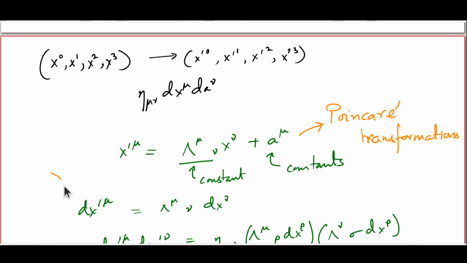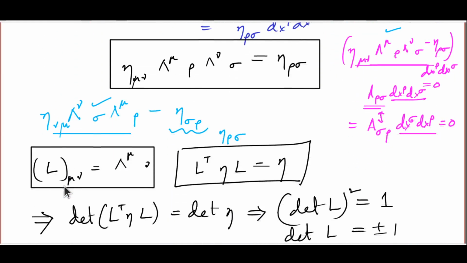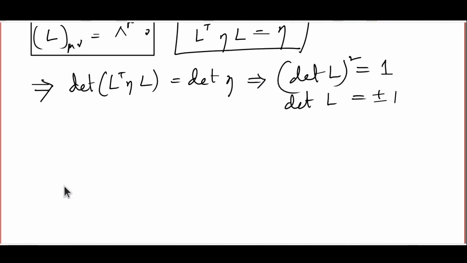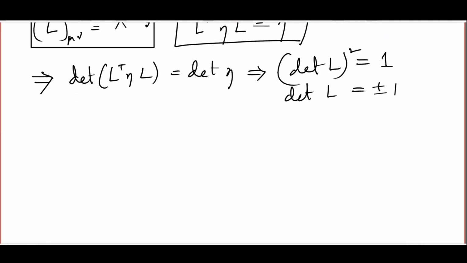Now we have already seen that the determinant of the matrix formed by these lambda mu nu coefficients has to be either plus 1 or minus 1. Another very important property immediately follows from the relationship eta mu nu equals eta rho sigma lambda rho mu lambda sigma nu, the defining property for the Lorentz matrix elements.